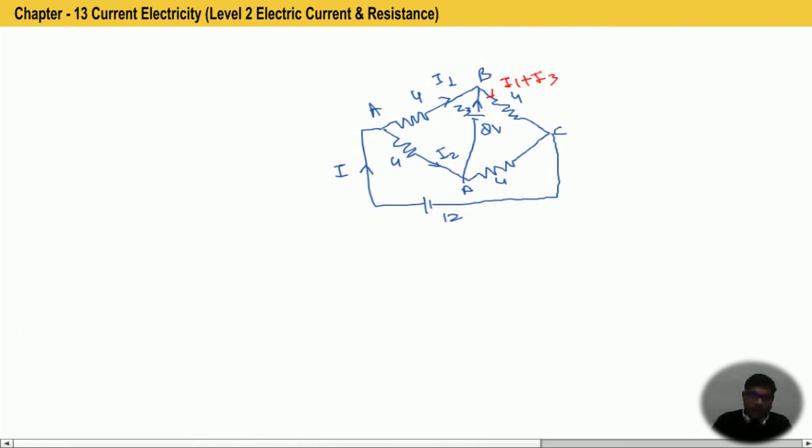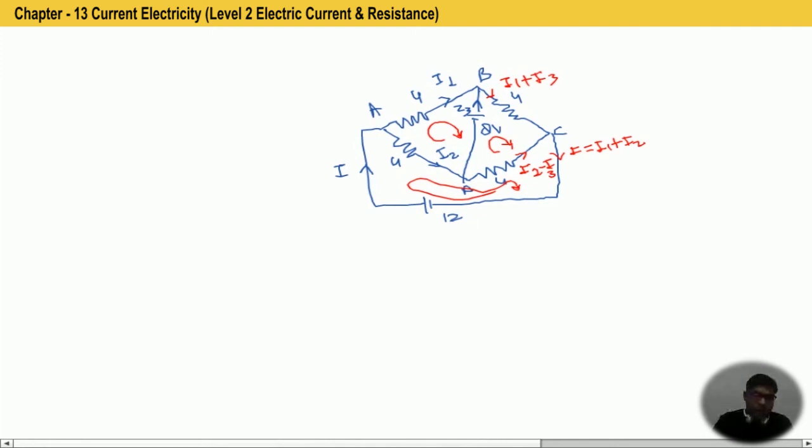On the other hand, current in this branch would be I2 minus I3. And finally we get the same current I, which equals I1 plus I2.